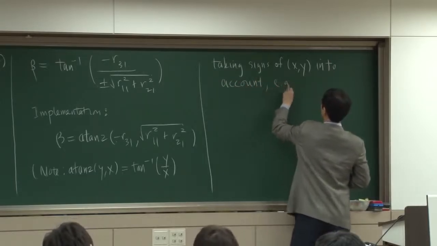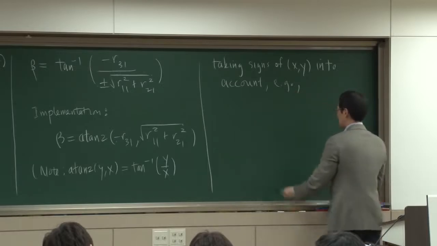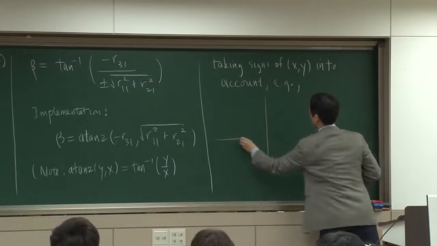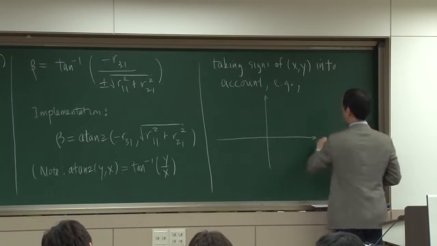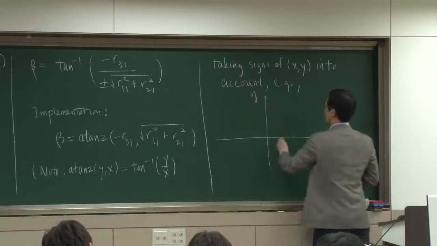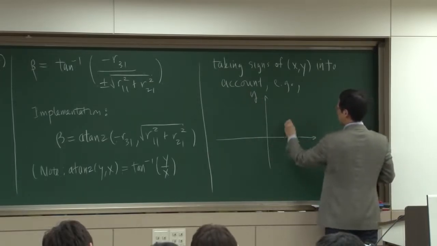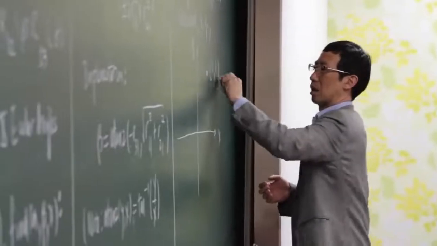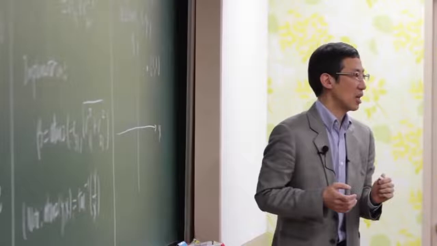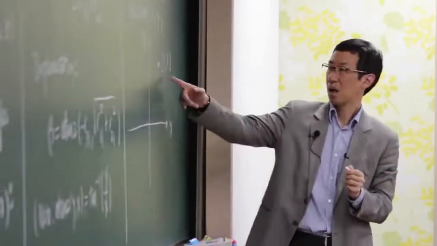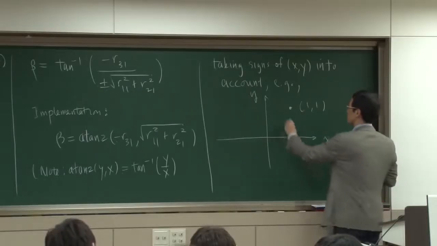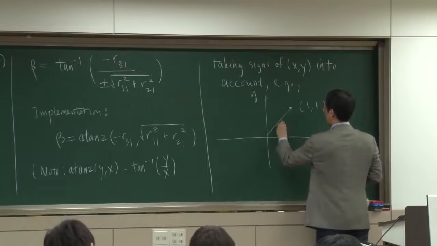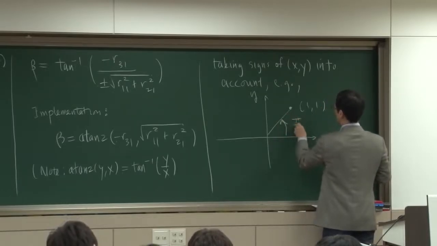So for example, in the xy plane, here's x, here's y. Suppose x and y are equal to 1 and 1. If we take the Atan2 function of this point, that gives us an angle, pi over 4.